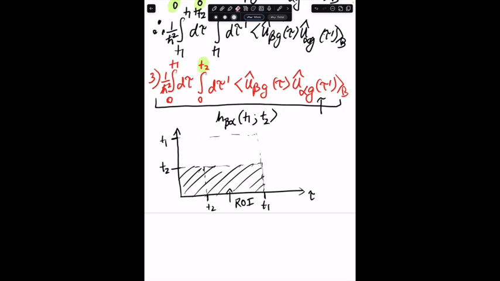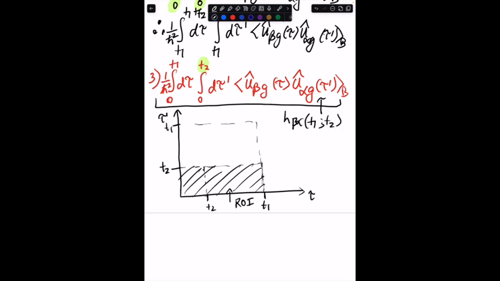I'll have to redraw this a little bit. This is tau prime, and T1 should be somewhere around here. Yep, this makes more sense. It looks more like a square. So this was H beta alpha T1 T2.